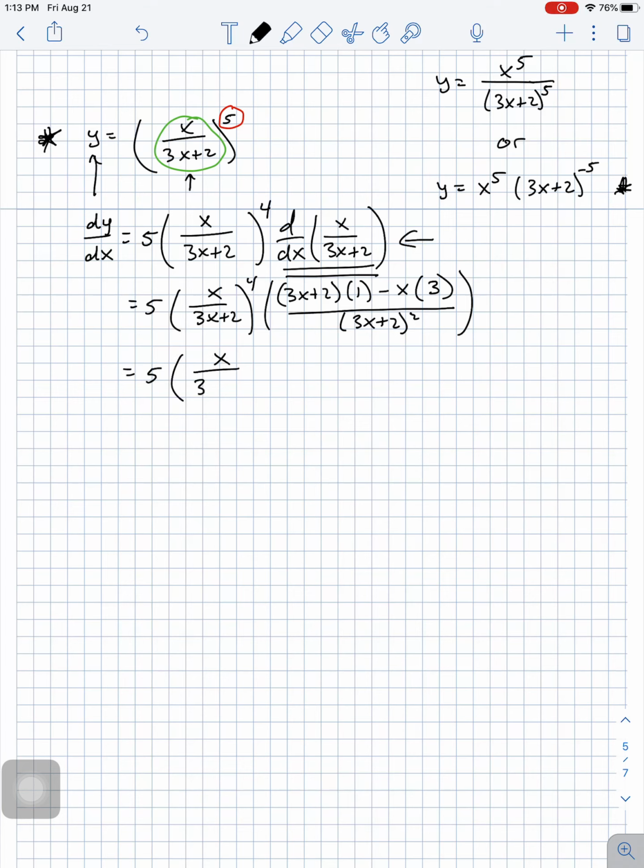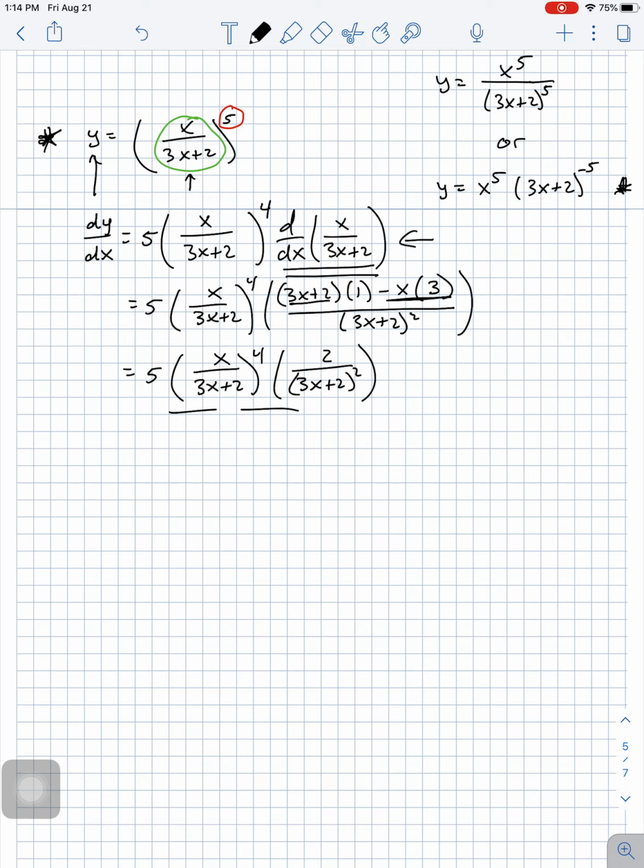So let's see how this cleans up. The top, I've just got 3x plus 2 minus 3x, so those cancel, and I'm just left with a 2 on top and a 3x plus 2 squared. These could multiply together.